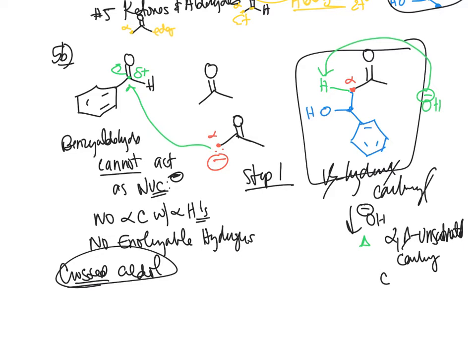So we're going to have another step 1 of deprotonation. And what does that look like? Okay. Now, what this does is this does a resonance structure. Those electrons go here, and they go up here.